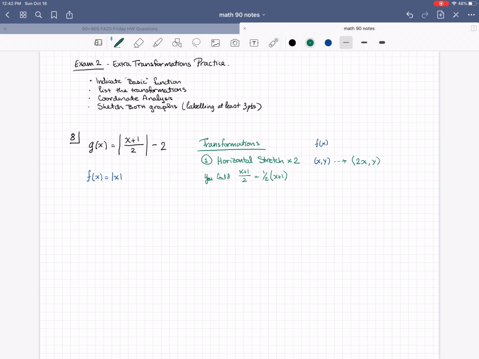Okay, so now let's think about that shift on the inside. So this plus 1, the x plus 1 over 2. Well, what you are seeing here is that because your 1/2 is on the outside, after you have stretched by a factor of 2, you're going to be shifting to the left by 1 unit.